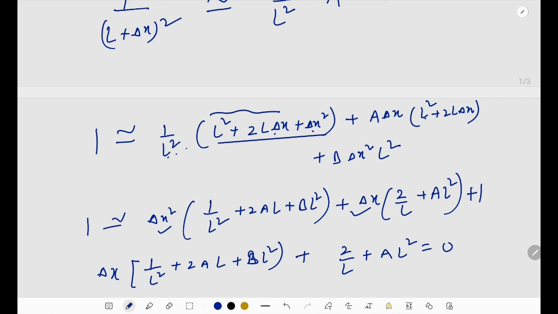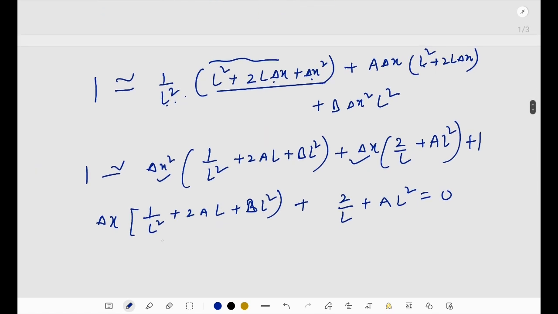Since this relation must be satisfied for any small delta x, and if delta x is not exactly equal to 0 but close to 0, that means these two terms must be equal to 0.